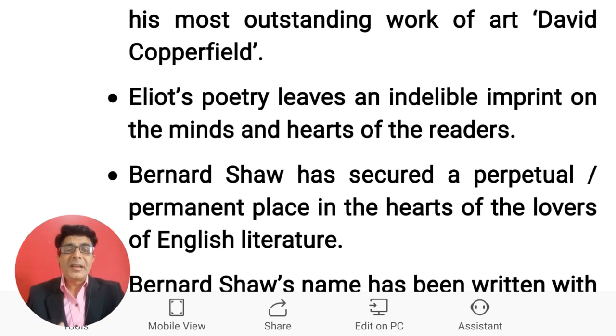Eliot's poetry leaves an indelible mark, an indelible imprint on the minds and hearts of the readers. Now here you can change Eliot's poetry. Instead of that, you can say Keats' poetry, right? Keats' poetry leaves an indelible imprint on the mind and heart of the readers, right?